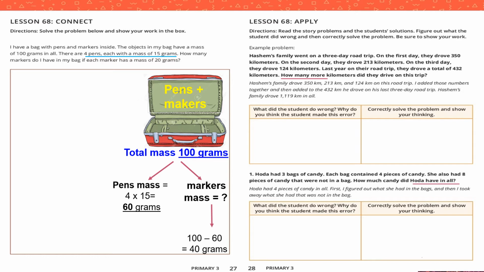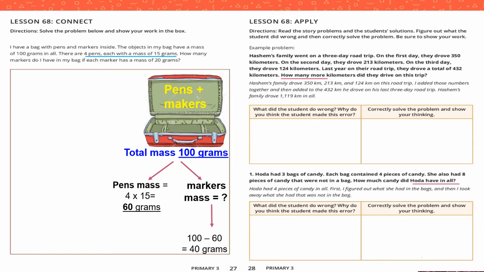I know pens, but I don't know markers. So I will subtract 100 minus 60 equals 40 grams. So the mass of markers is 40 grams.